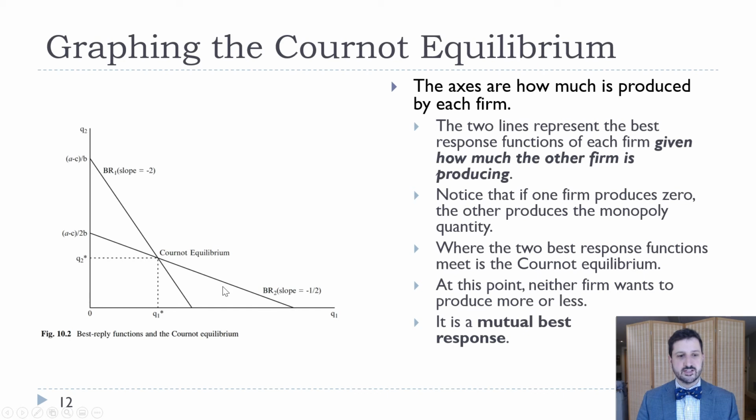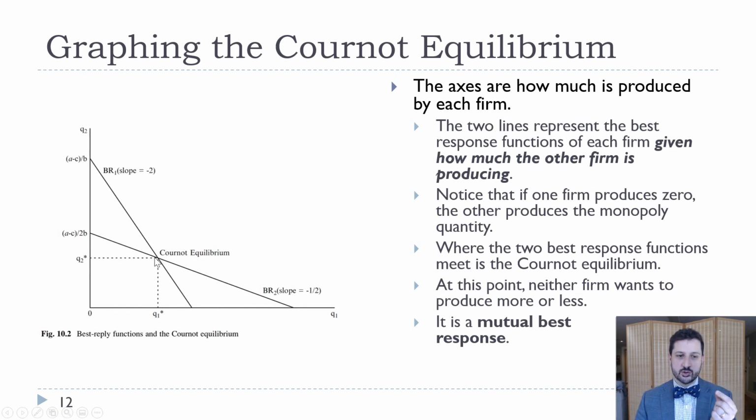Okay, so this gives us how much firm 2 wants to produce given all the possible values that firm 1 could produce. And so if firm 1 produces 0, firm 2 wants to produce (A minus C) over 2B. That's just the monopoly output. If firm 1 produces the competitive output, firm 2 doesn't want to produce at all because they won't earn any profits.